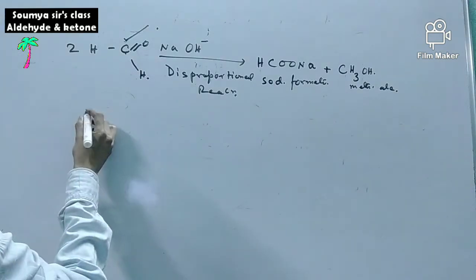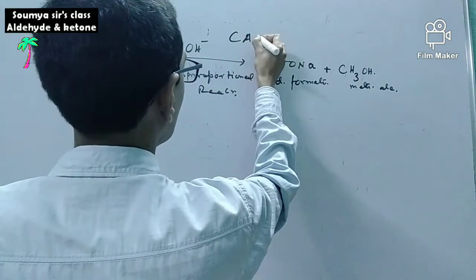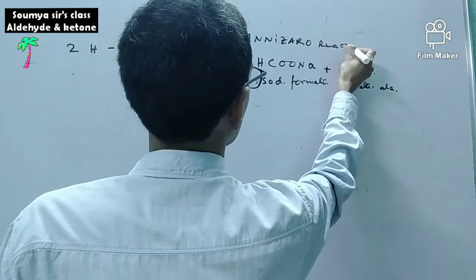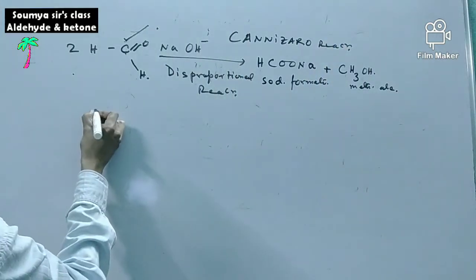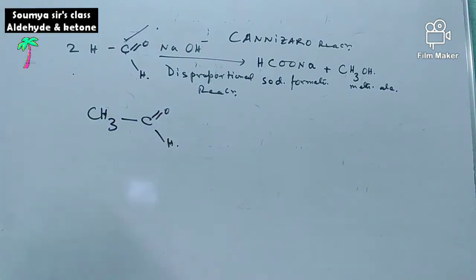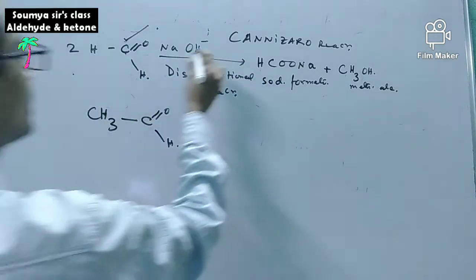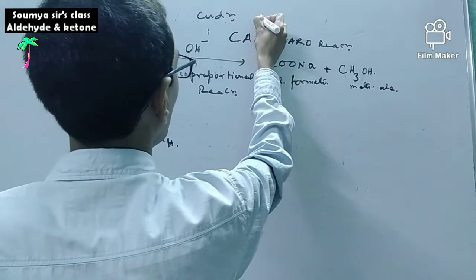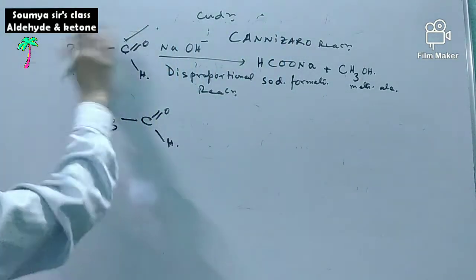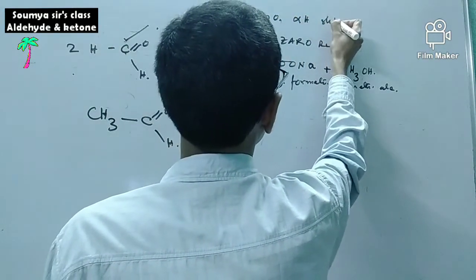In case of aldol, and in the Cannizzaro reaction, as in the case of Cannizzaro reaction, the condition is no alpha H. Here you can see that there is no alpha carbon and no alpha H. So the condition is that no alpha H should be present.